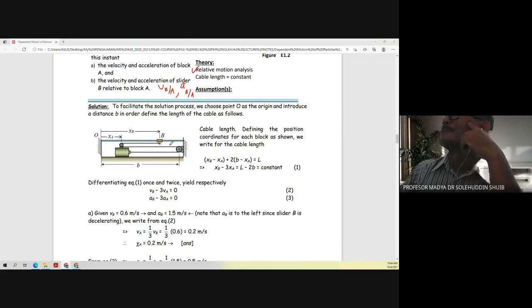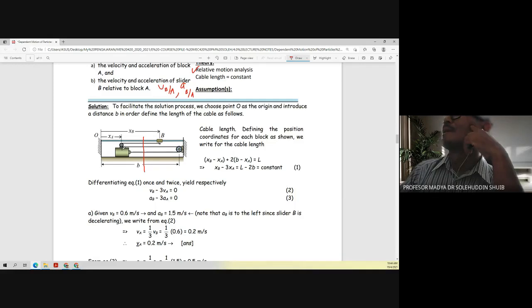One. If you cut here, how many cables? XB minus XA plus 2 times b minus xa equal to L.